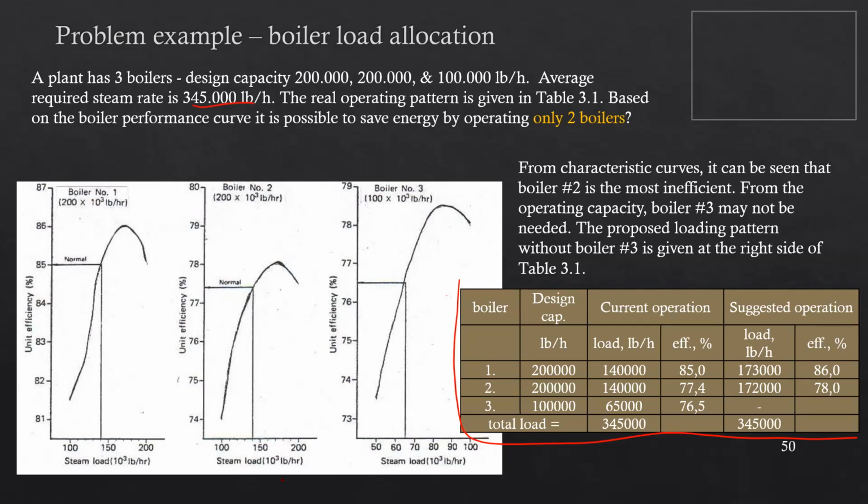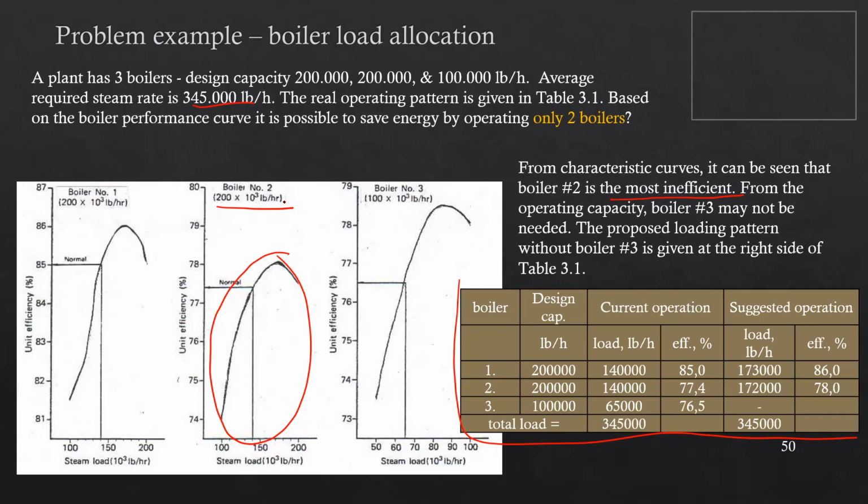Okay, from the characteristic curve illustrated on the left-hand side, it can be seen that boiler 2 is the most inefficient, and we can see it from the steam load and also from the capacity of boiler number 2.